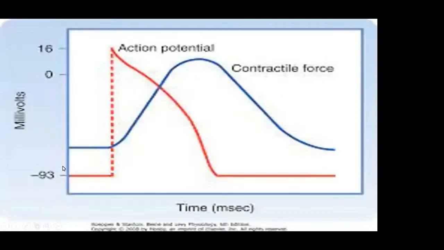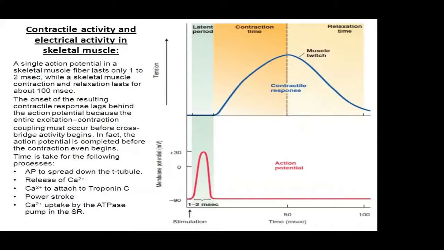But in a cardiac muscle, the typical neuromuscular junction is not present, while there are gap junctions or low resistance bridges. So the contractile response and the action potential occur at the same time, while in a skeletal muscle, it begins 2 milliseconds after. You see here, this is the action potential.